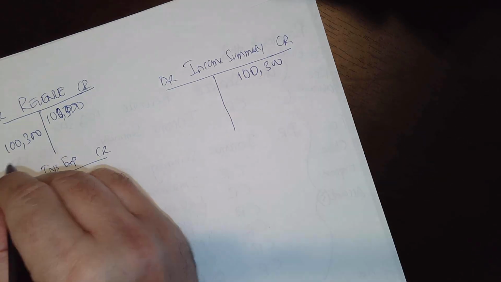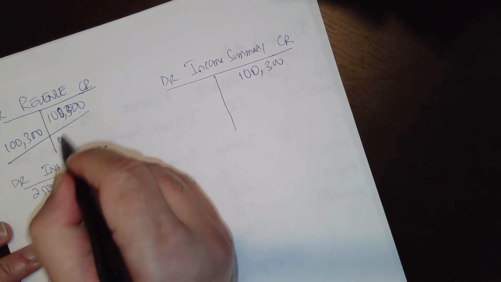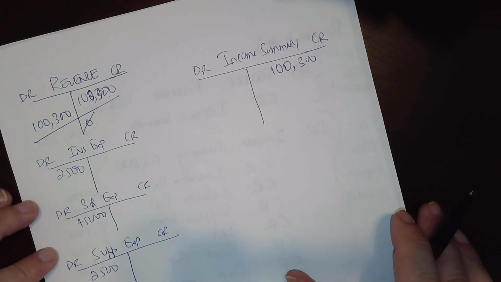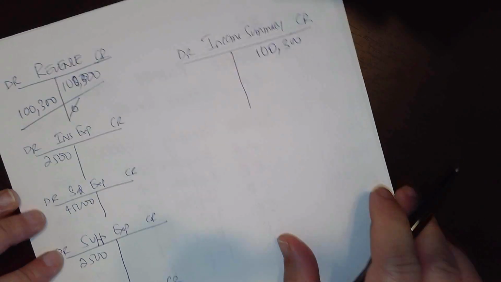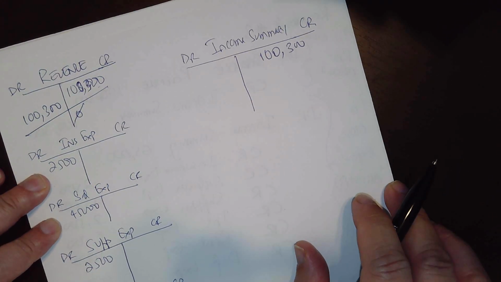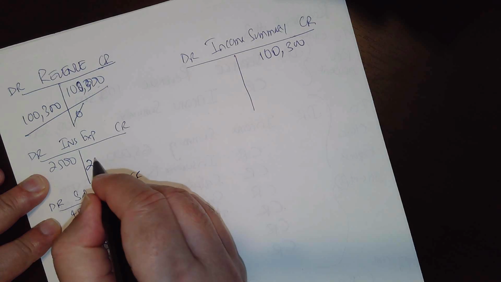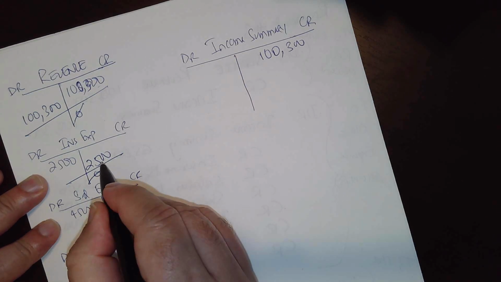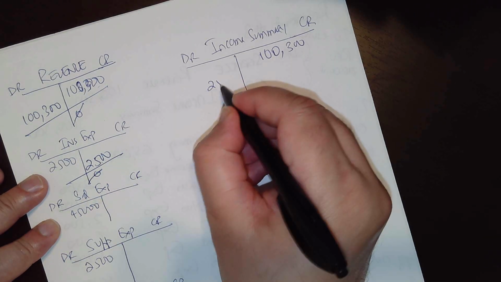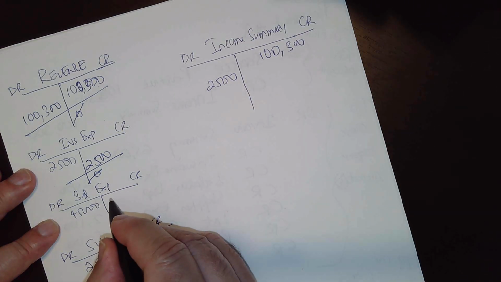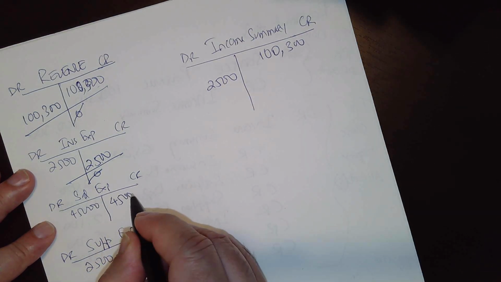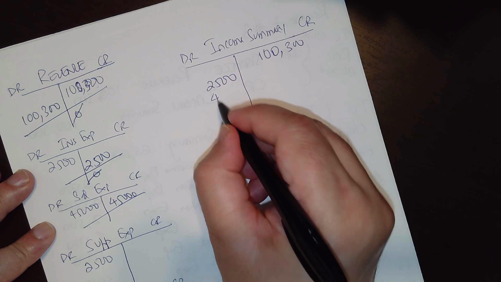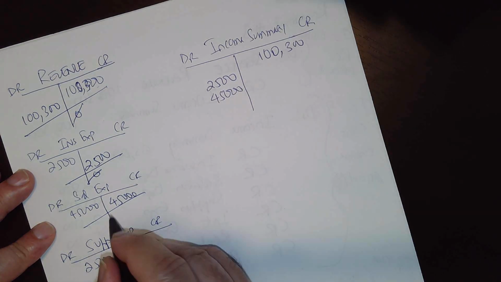100,300. So when debits and credits are equal, they zero out, they cancel. Same thing you did on the debit side, you put it on the credit side to close it. So if you're putting a credit side, you're putting a debit side over here. Same thing over here, you're putting on a credit side 45,000, so you're putting 45,000 on the debit side. It zeroes out.